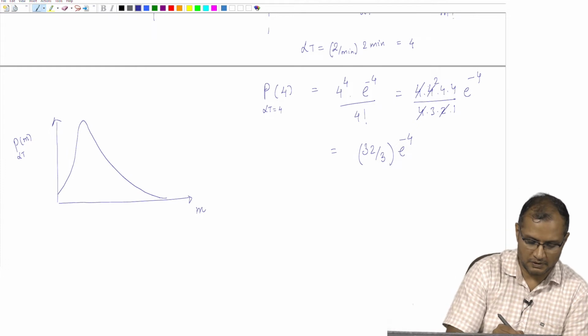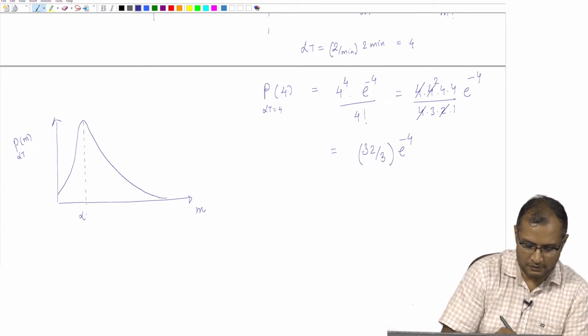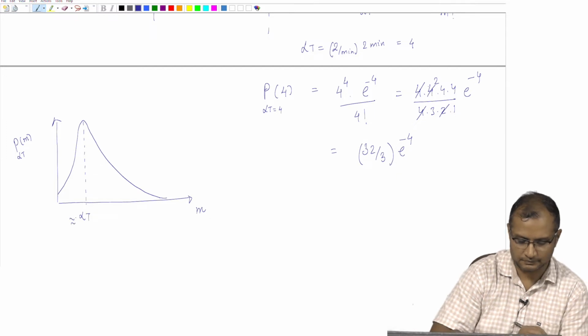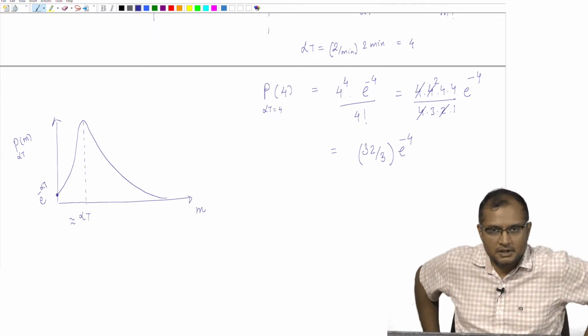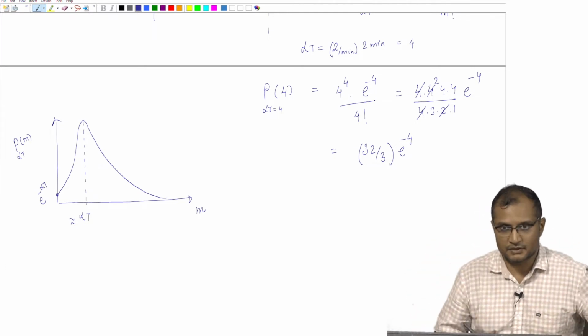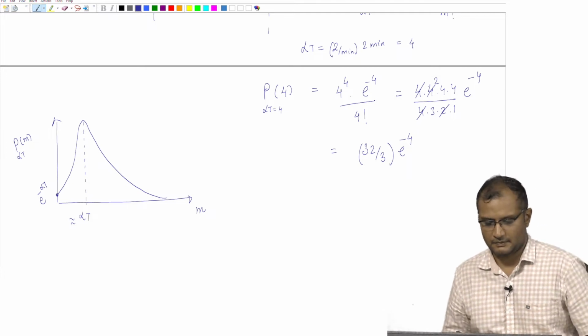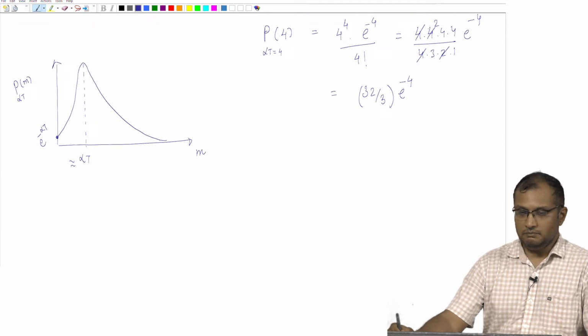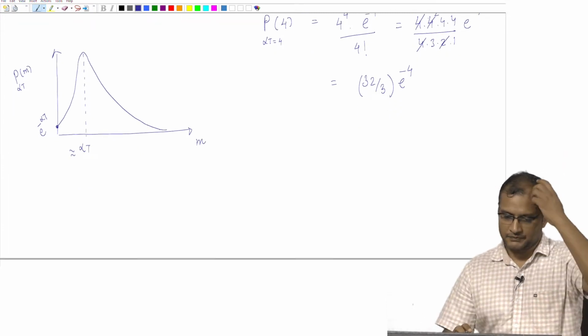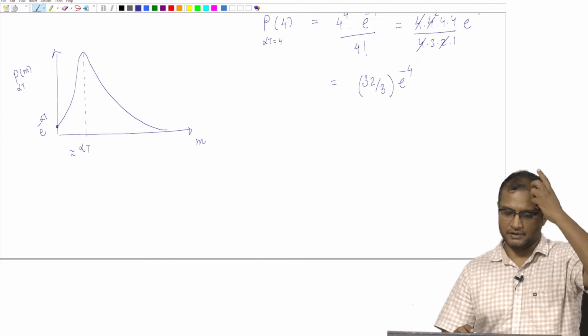Okay. So, this is basically the behavior of the curve: this value is very close to alpha t, and this value is basically e raised to minus alpha t. So, for large observation time, the curve will hit the y axis at 0 at the origin, and that completes the problem for the probability of finding exactly 4 dolls.